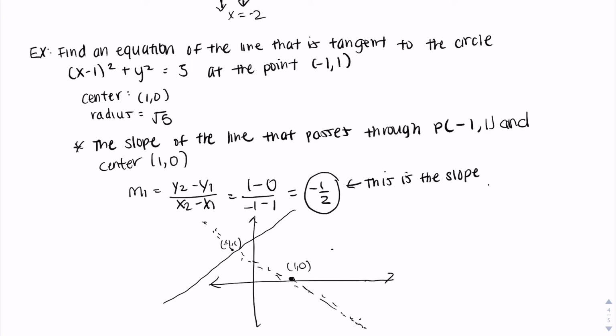And in order to find the slope of the tangent line, you use the negative reciprocal because they're perpendicular to each other. So M2 equals negative 1 over M1. So you will get positive 2, because you take the negative reciprocal of negative 1/2. So that is the slope of the tangent line.